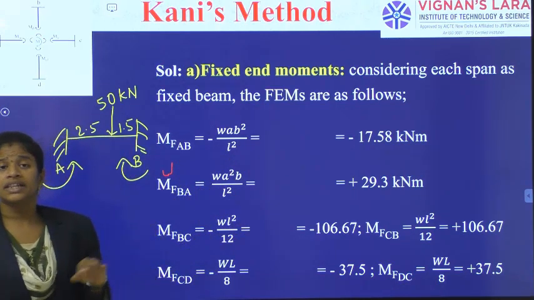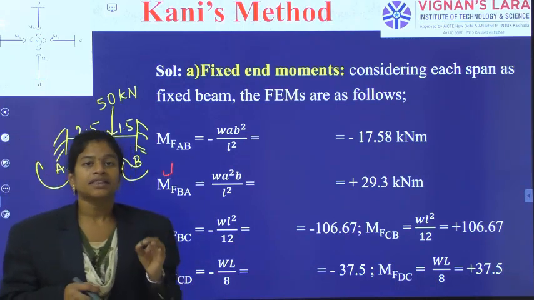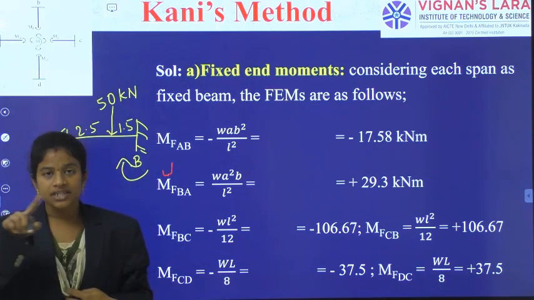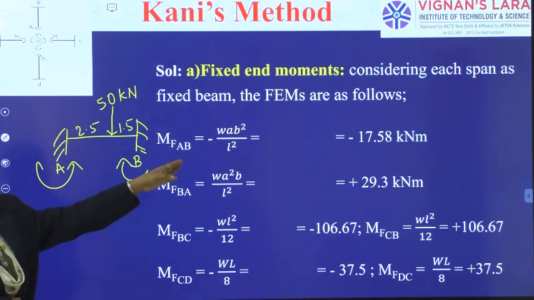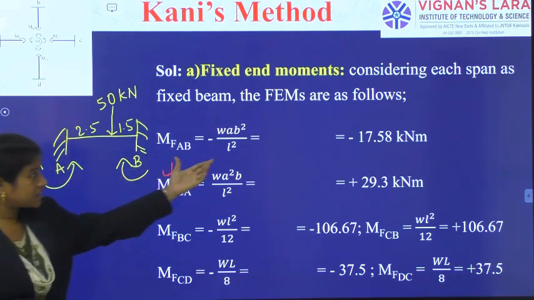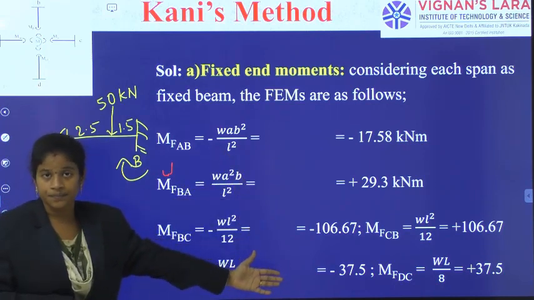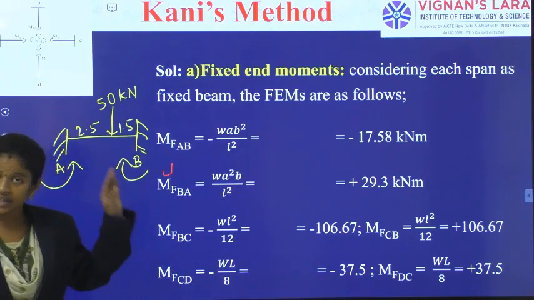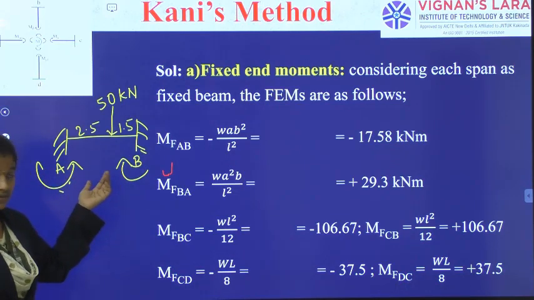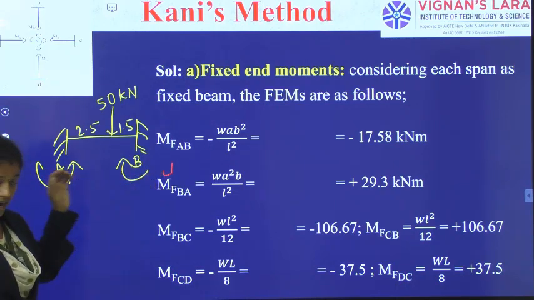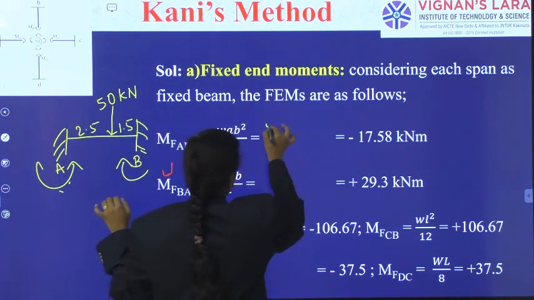And also, in the previous step we said the sign convention will be positive for clockwise moments and negative for anti-clockwise moments. Here itself we have given it, so with this sign we will start. We will not keep the minus later; we keep it here itself. So I am keeping minus WAB square by L square, plus WA square B by L square. What is W? 50.